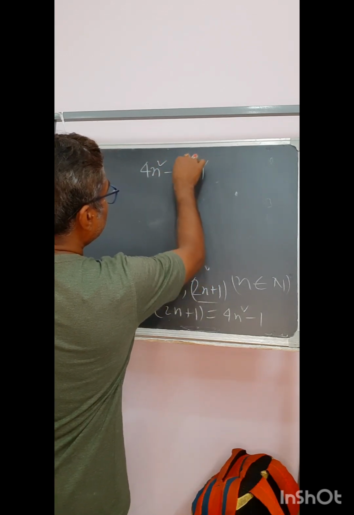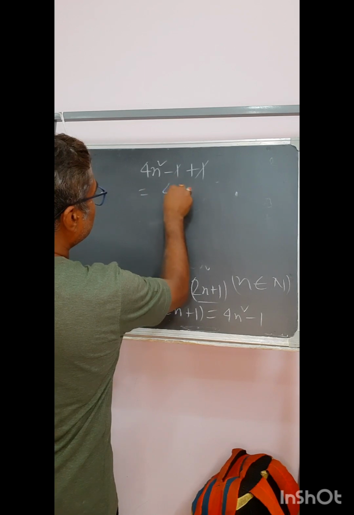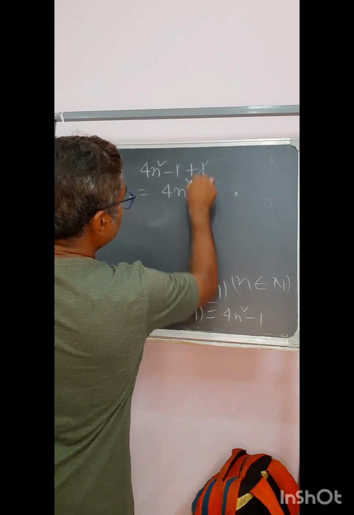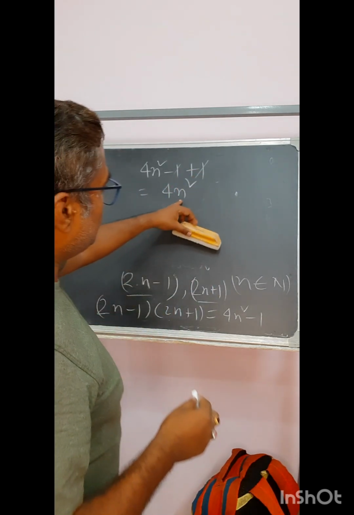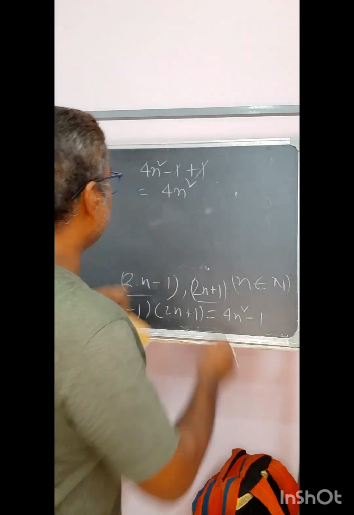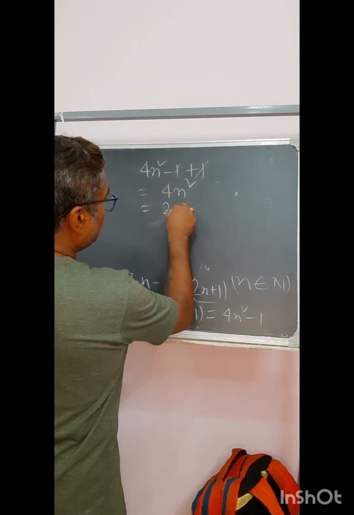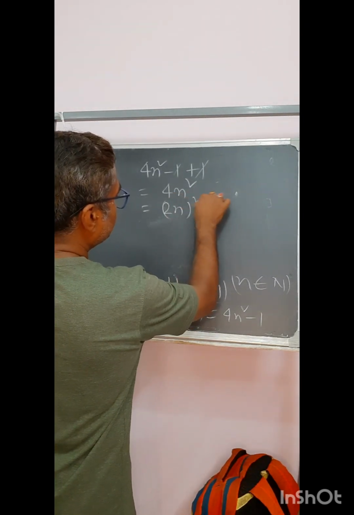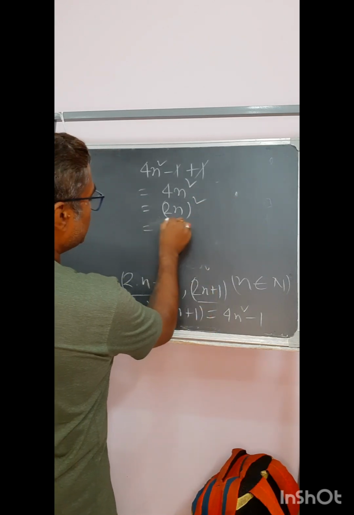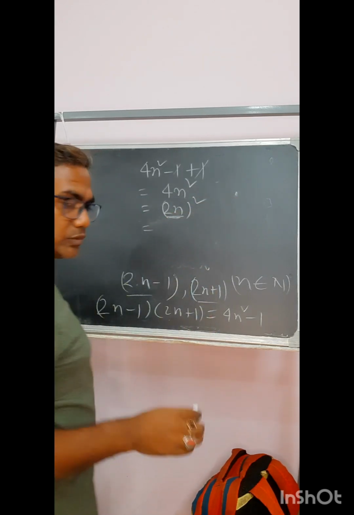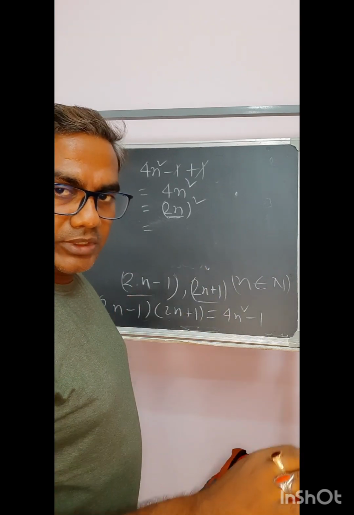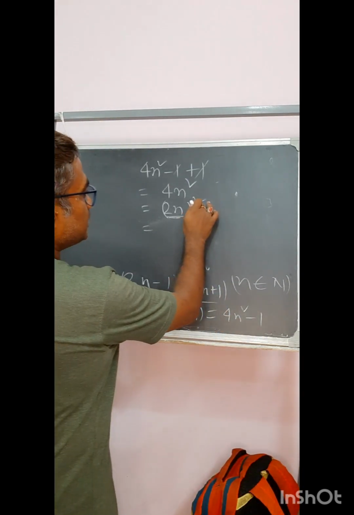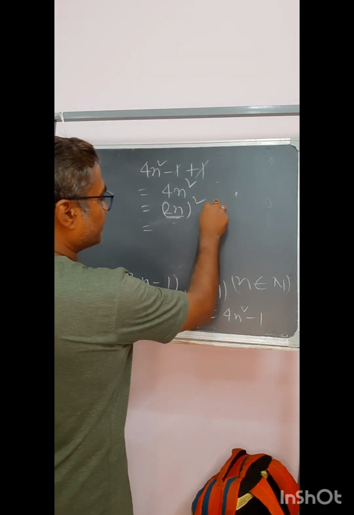So the 1s will nullify each other, and I will be left with 4n square. That can be represented as 2n whole square, and 2n is definitely an even number, so it's the square of an even number. So the first thing is proved.